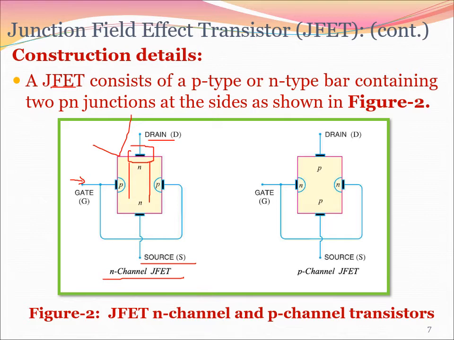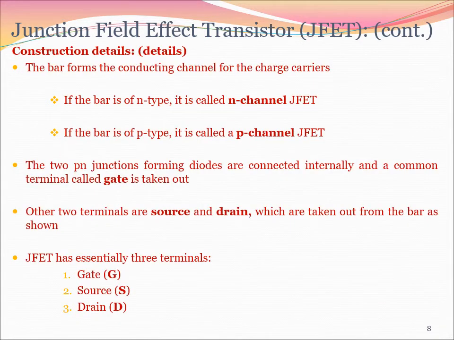In this discussion, we will target only the N-channel FET. However, all the working principle and operation remain the same for the P-channel JFET. You only have to change the polarities of the batteries. We will discuss it later. And these are some details: if the bar is of N type, it's called N channel, and similarly, it's P channel if the bar is of P type.